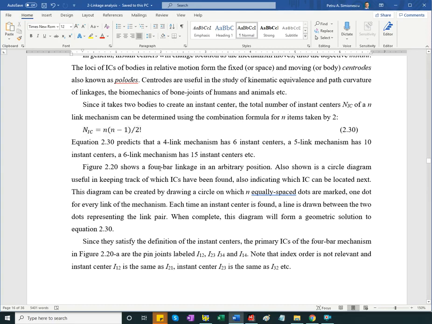This is the formula to calculate it: n factorial over 2 factorial times n minus 2 factorial. And this means that for a 4-link mechanism, if you make 4 times 4 minus 1, 3, divide by 2, that's 6. And likewise for a 5-link mechanism, there are 10 instant centers. For a 6-link mechanism, there are 15 instant centers. 7 will be even more.